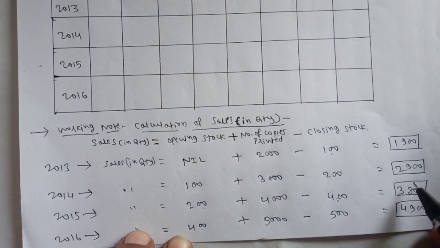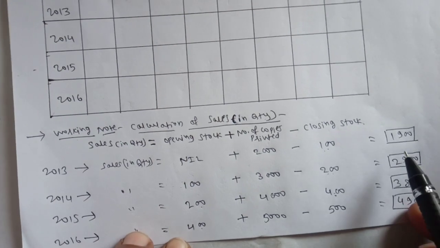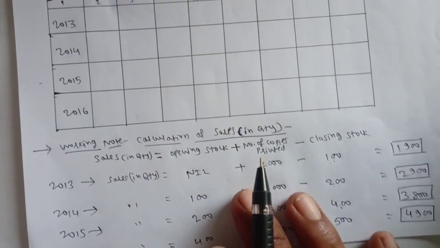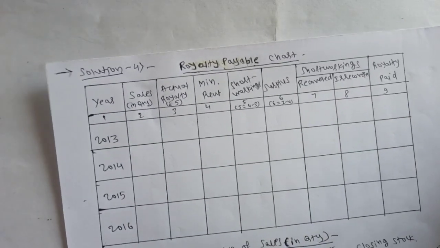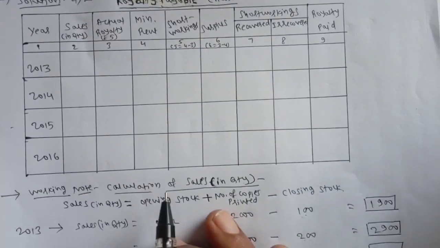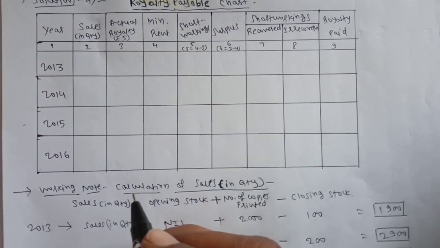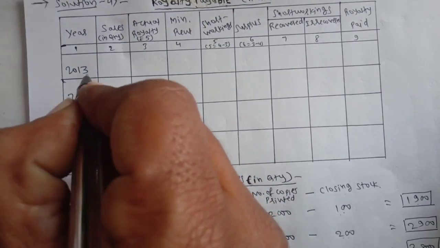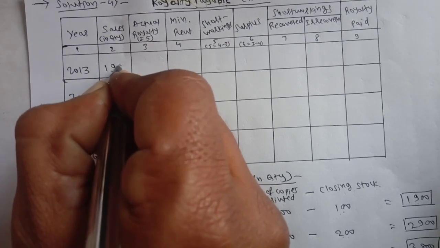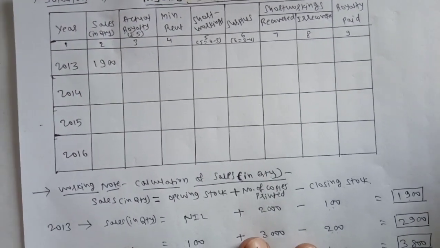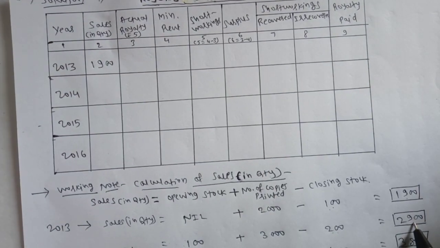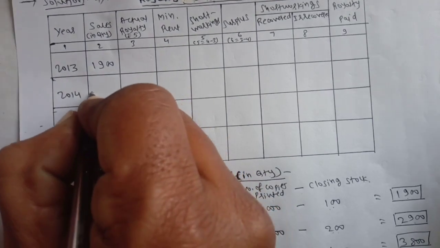So these are the number of copies sold. We have to take this amount and record it here: 1,900. Then 2,900 should be the 2014 sales.